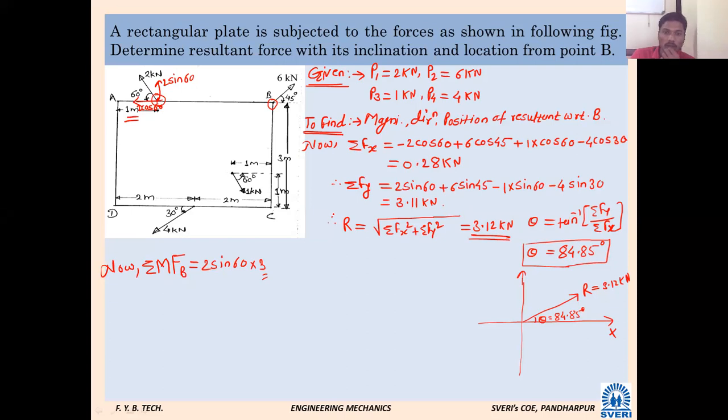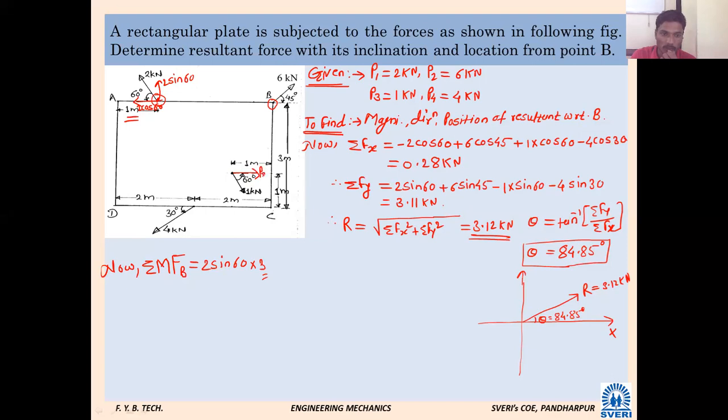Next, which is our next force? P3, 1 kilonewton. Now, what will be done? That force is inclined, so we have to resolve it.